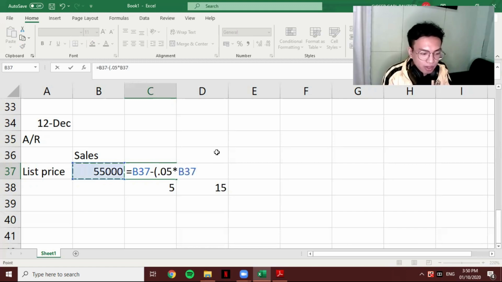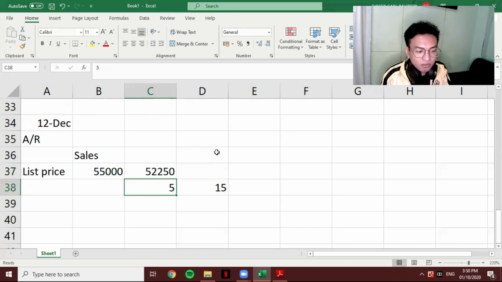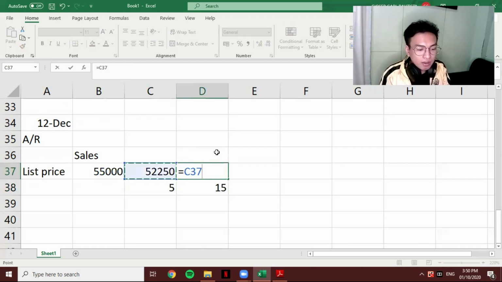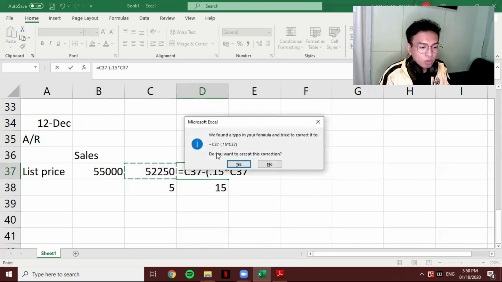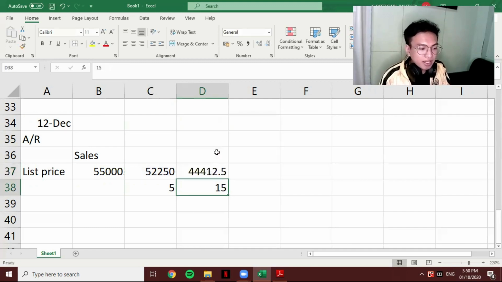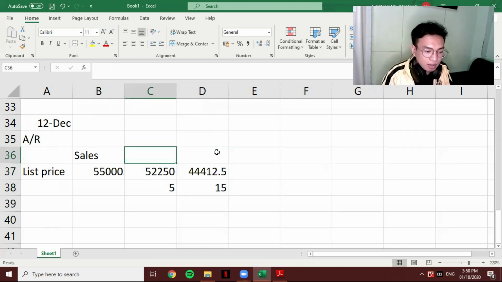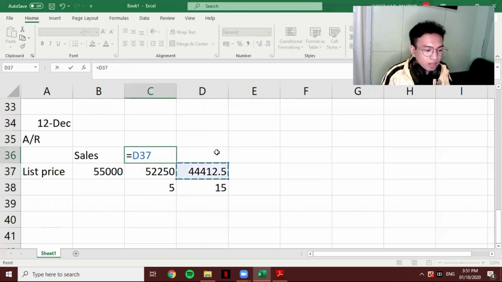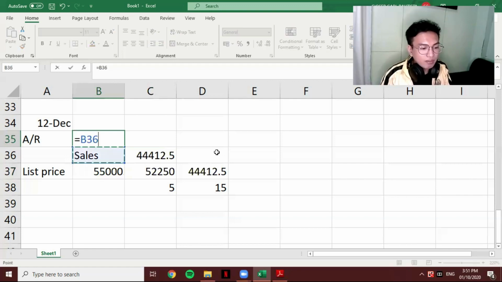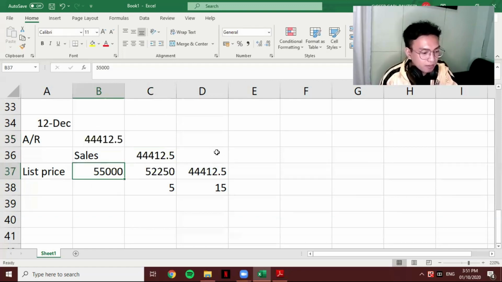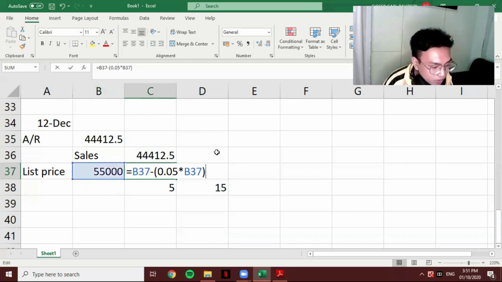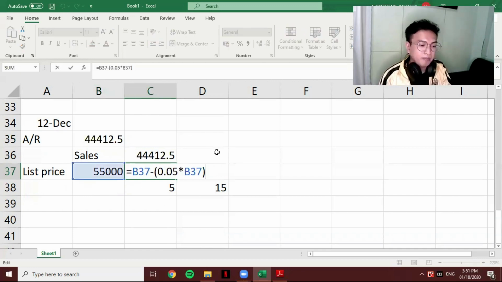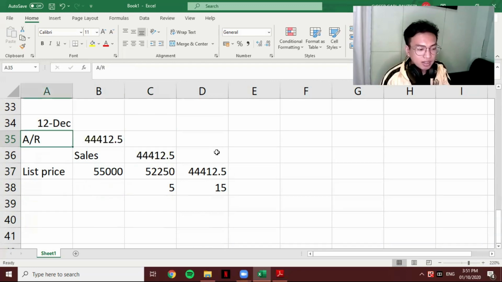Of your 55,000 pesos, 52,250. And further, subtract 15% from 52,250. Our sales is amounting to 44,412.5. Let's see kung tama. Minus 0.15, okay, tama. So this is our AR and sales.